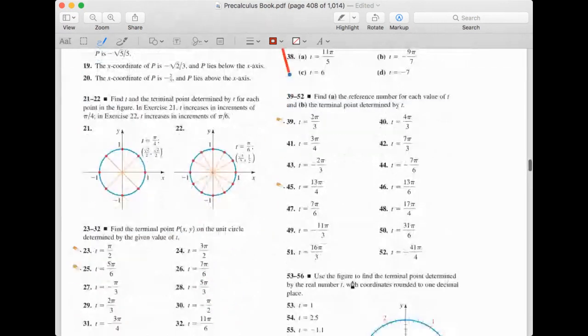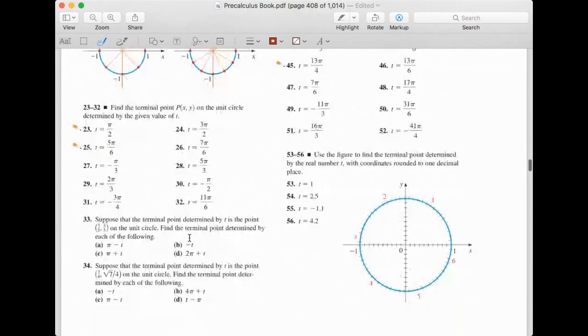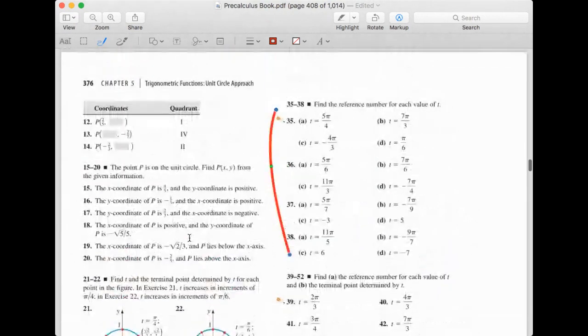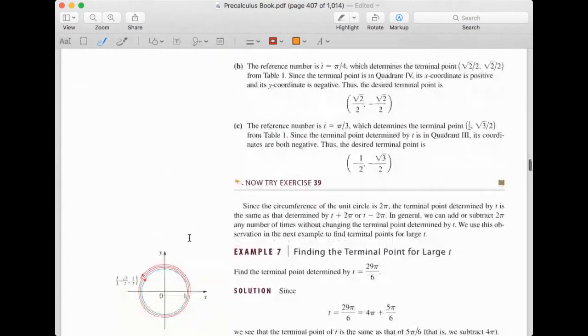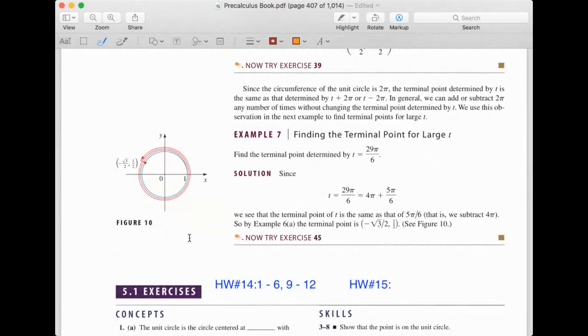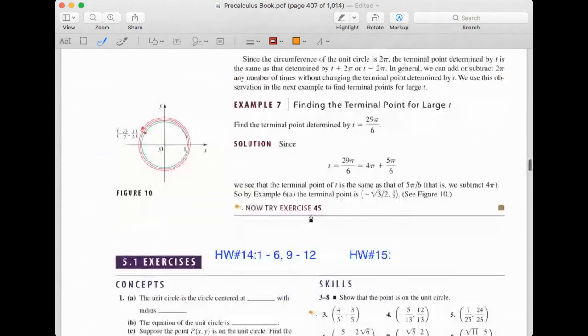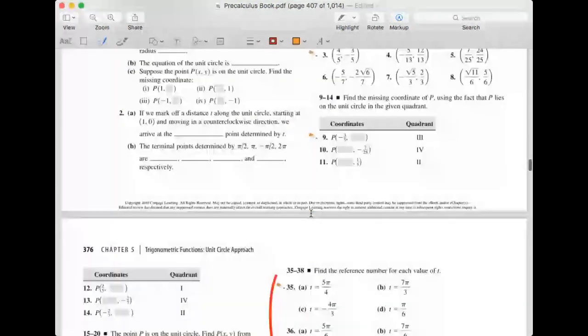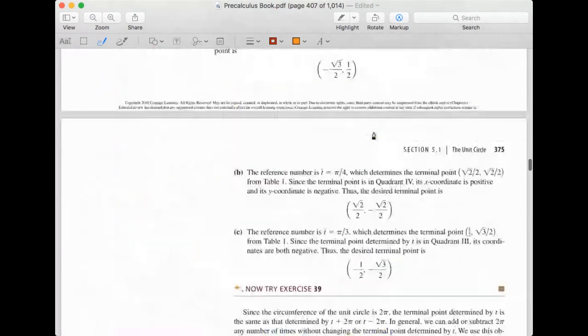Find reference angles. We will find the terminal points later. We will use a special relationship. So let's just find the reference number or reference angle by using these 4 formulas.